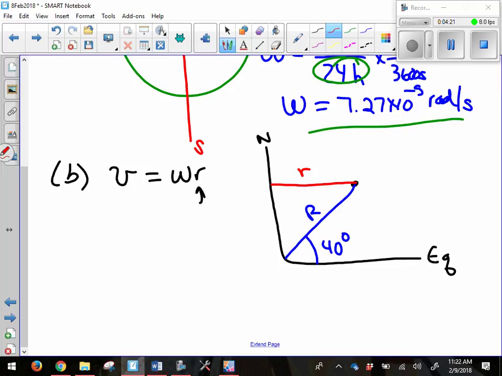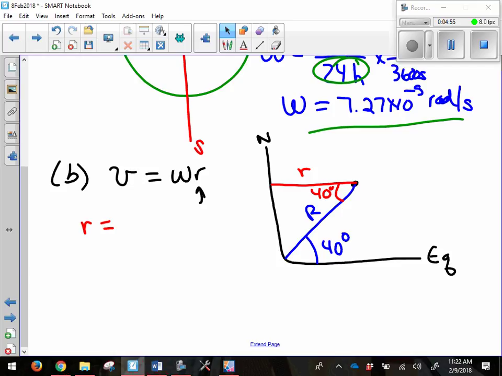So how do I figure out what little r is? Which angle? Okay. You could also have said alternating interior angles. Okay. So then how do I figure out what little r is, Priya? I know what this length is. Yeah, come and point, Priya.